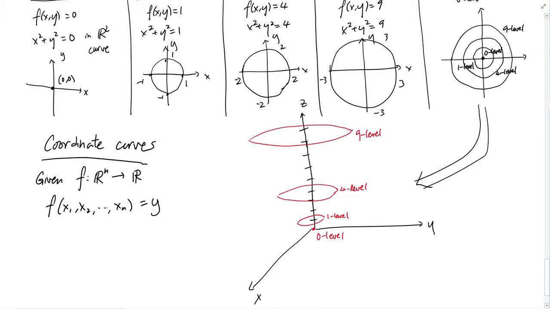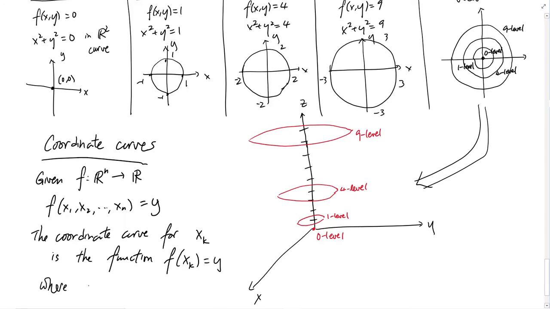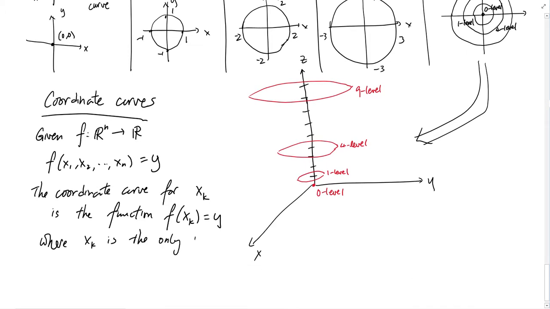In general, the coordinate curve for x sub k is the function f of x sub k equal to y, where x sub k is the only independent variable, while all other independent variables are treated as constants.